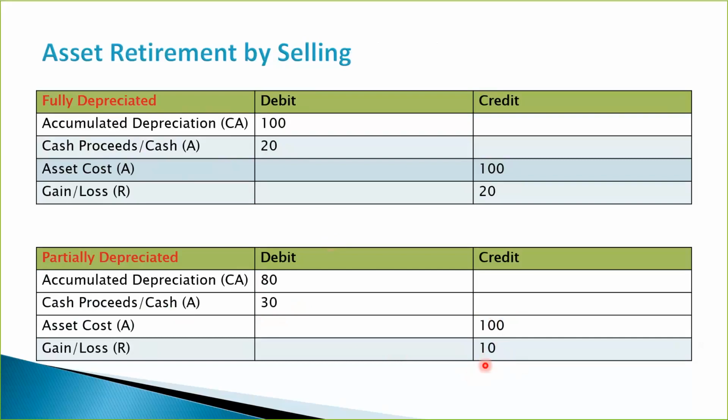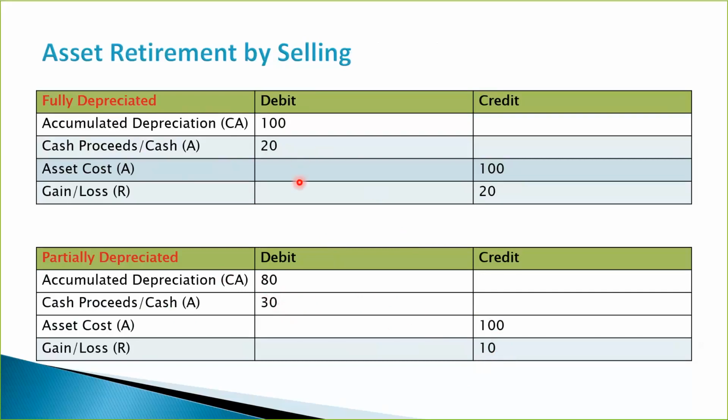Your gain here is equal to proceeds of sale minus book value. Book value was 20 because you had not depreciated the full amount. So 100 minus 80 is 20. Then 30 minus 20 to get your gain. That's the same thing we did here.